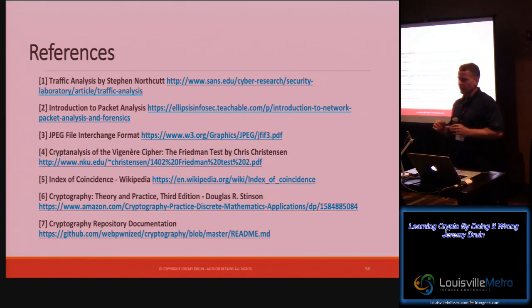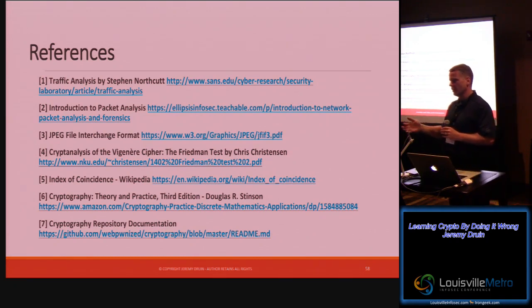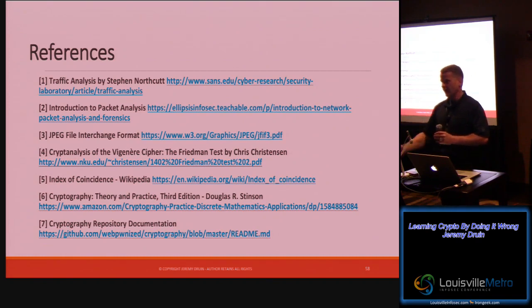Blue team would use the same techniques, but I think in this context, blue team might be like security operations or something like that, and they're probably using Wireshark or some kind of SIEM tool or some sort of traffic analysis tool that they've purchased, depending on how big of a shop they are.